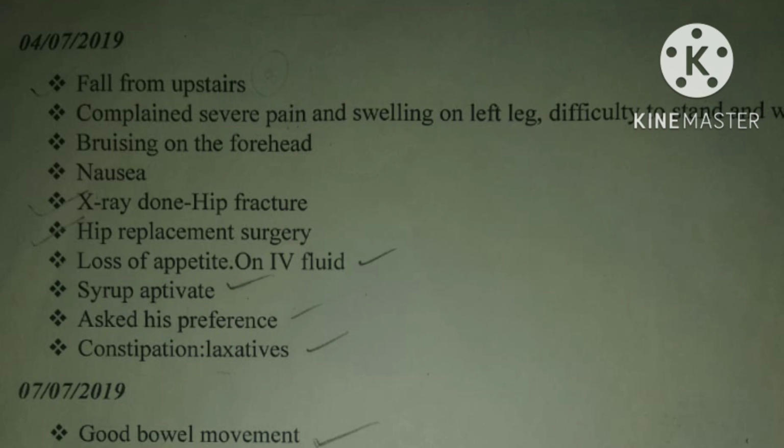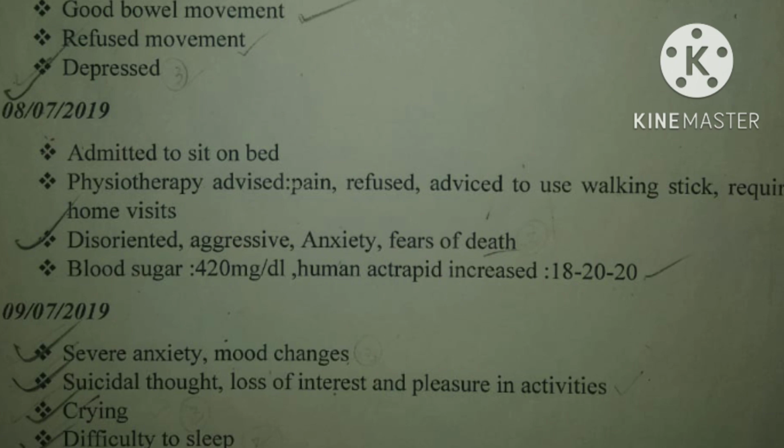No need to mention the loss of appetite and the IV fluids like that. Then what else can we write? Post-operatively, she developed depression, disorientation, anxiety and fear of death. Therefore, carbamazepine 200 mg twice daily has been commenced.